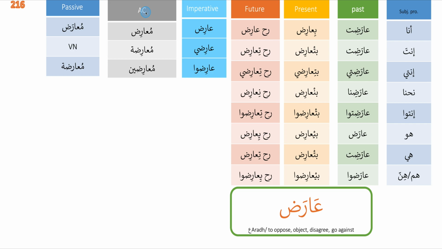The active participle, which is widely used, we've got معارض, معارضة, معارضين. Kindly note, in dialect, sometimes instead of the dhamma, they tend to replace the dhamma with kasra. So they say معارض, معارضة, معارضين. So you will hear both of these pronunciations.